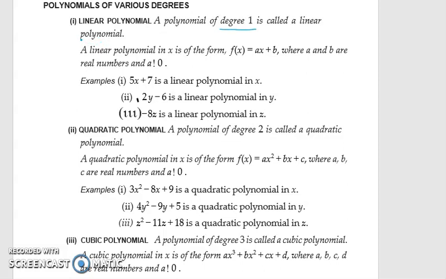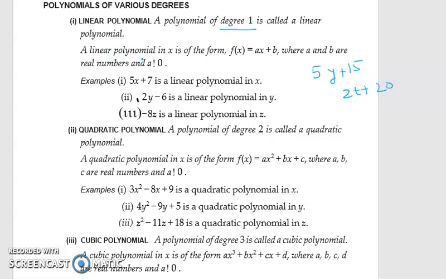Now degree, everybody should be clear, it is the power of the variable. See, suppose I write 5y plus 15, any number you can take, or 2t plus 20. The variable is t. What is the power here? 1. What is the power of y here? 1. So degree is 1.